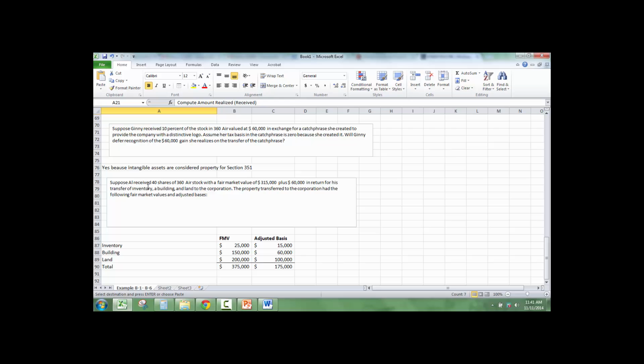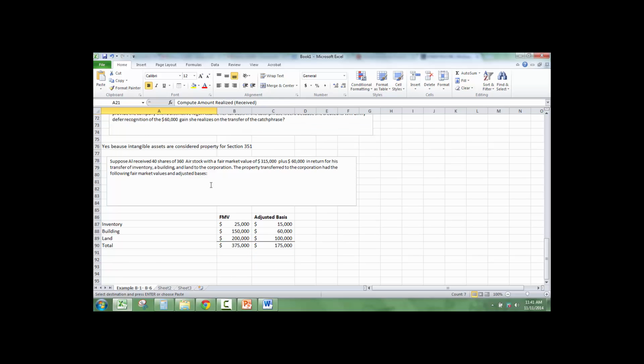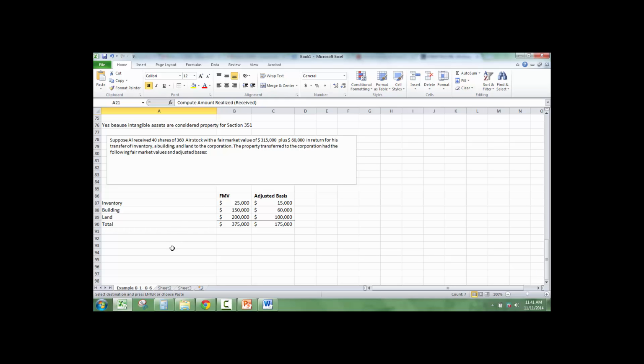Okay, so now let's assume that Al received 40 shares of 360 stock with a fair market value of $315,000 plus $60,000 in return for his transfer of inventory, a building, and land. The property transferred had the following fair market value and adjusted basis. All right.